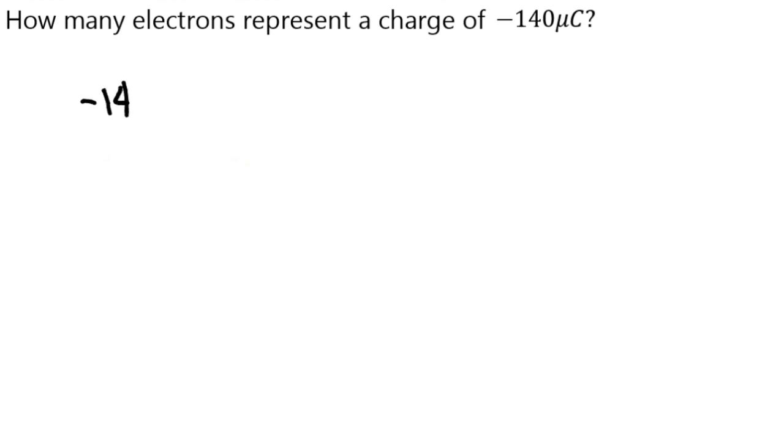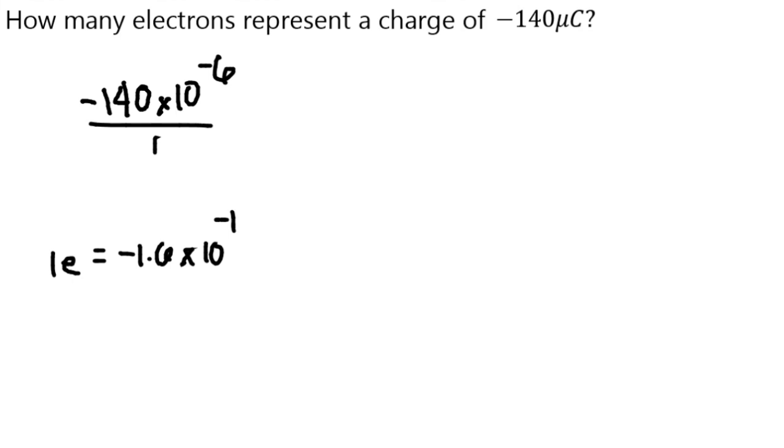How many electrons represent a charge of negative 140 microcoulombs? We're going to put this here. Microcoulombs is just the same as times 10 raised to the negative 6, if you already studied the conversion process. So 1 electron is equal to negative 1.6 times 10 raised to the negative 19 coulombs.